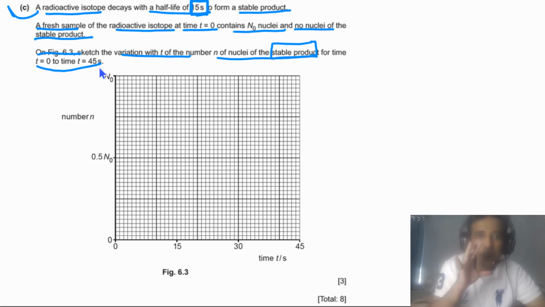It means we have 3 half-lives. So we are talking about the stable product in this case.